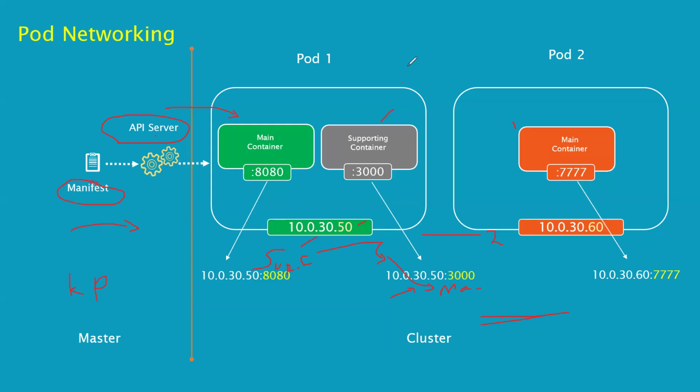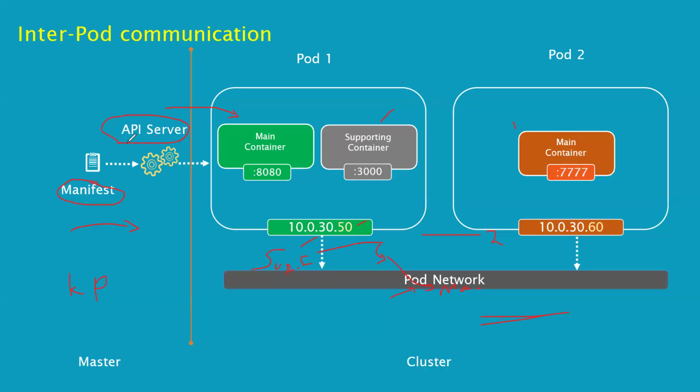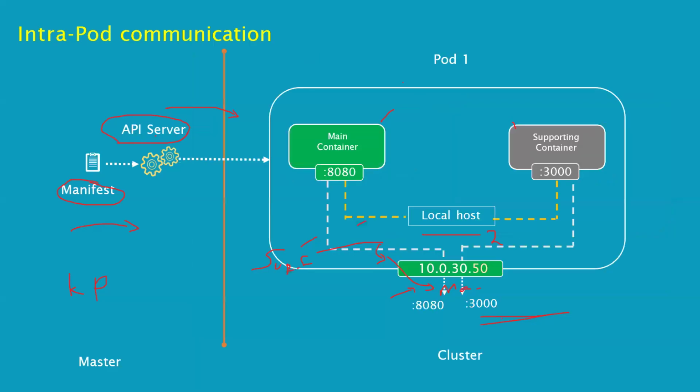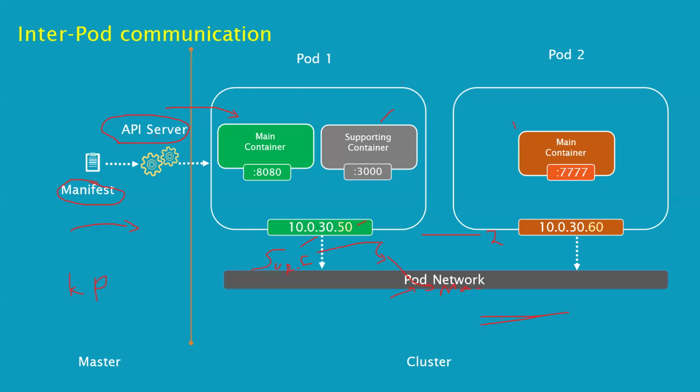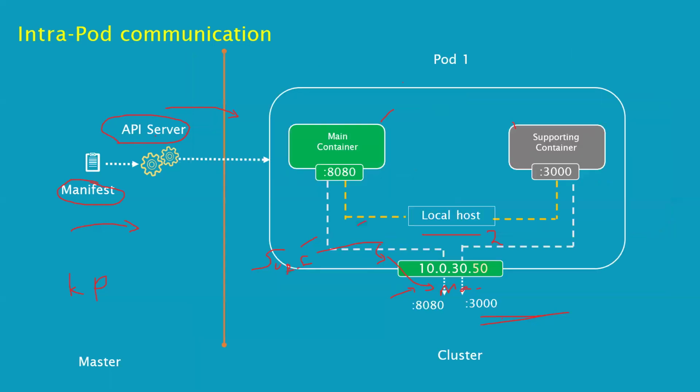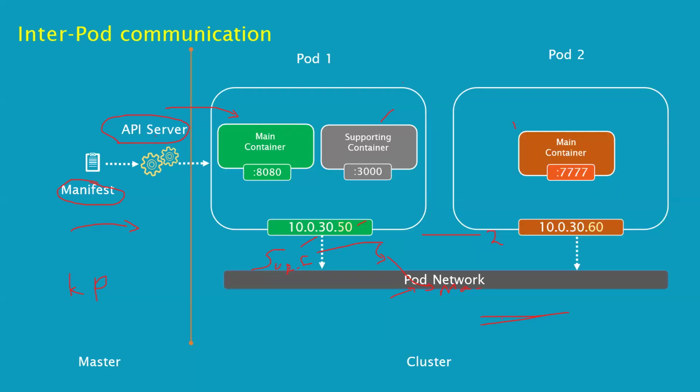By default, there are two types of networking. One we call interpod networking or interpod communication, and the other is intrapod communication. Interpod and intrapod. Interpod means communication between the pods. Let's say I have deployed two pods.